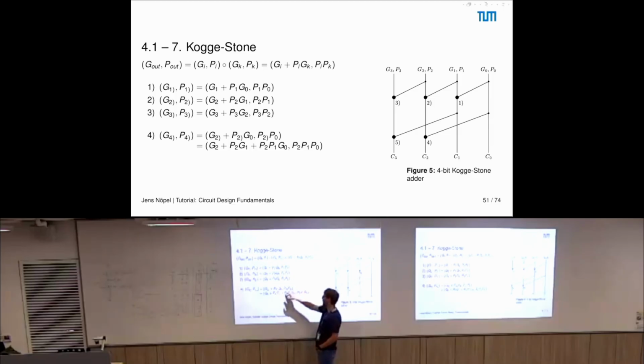And for P we get P intermediate 2 AND P0. For the intermediate 2 we already have the formula here. Then we plug this in and come to the result G2 OR P2 AND G1 OR P2, P1 AND G0. This is for the generate, and for the propagate, we just have P2, P1 and P0.